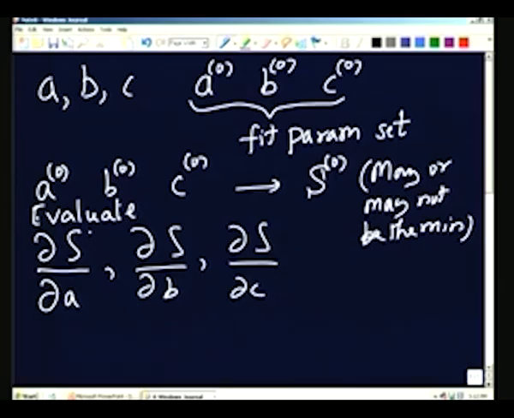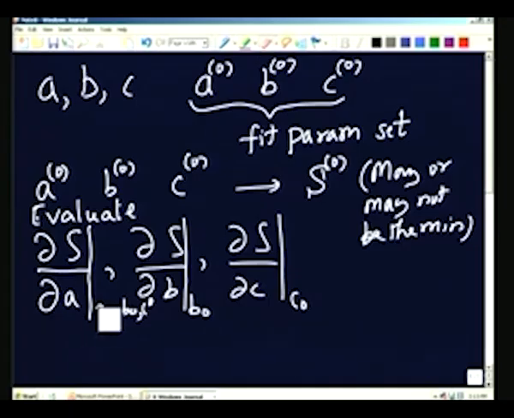I will put a bar here and say at A naught, B naught, C naught, and similarly here.